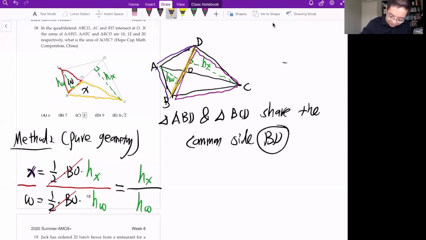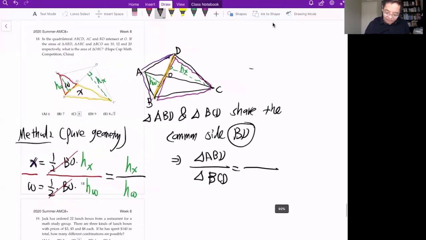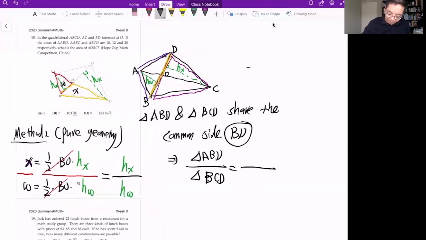Then we deduce the area of ABD over the area of BCD. Let's repeat the calculation: this is 1/2 BD times HW and 1/2 BD times HX, right? So we just rederive the conclusion.